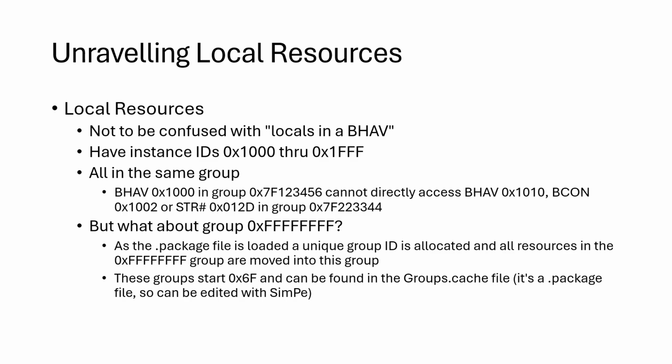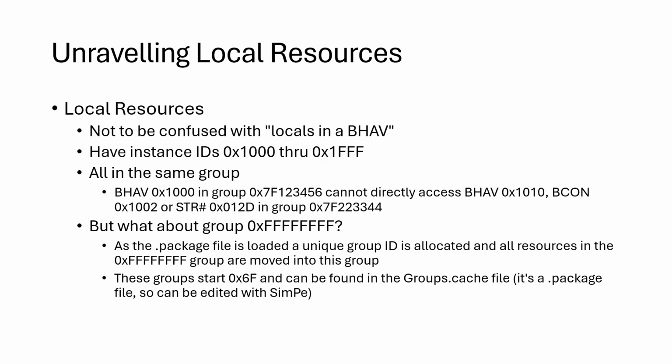So there are three types of resources. They are local resources, semi-global resources, and global resources. Local resources are everything that's private to an object, not to be confused with local variables within a BHAV.